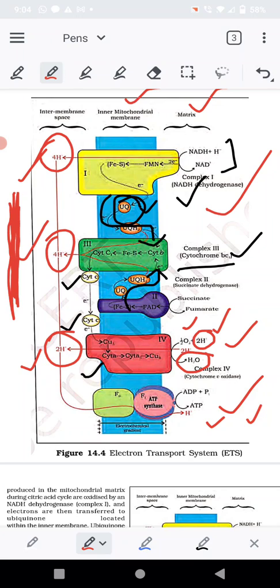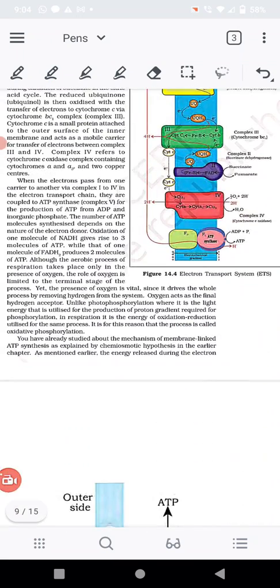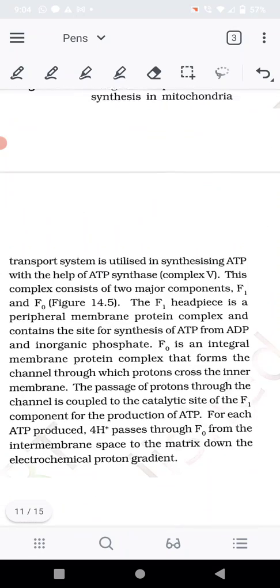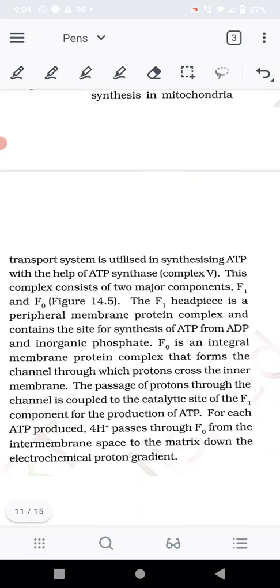Now let us discuss the ATP synthetase. The ATP synthetase consists of two major components. The first is F1 and the other one is F0.